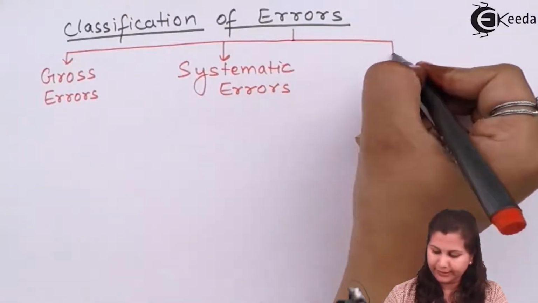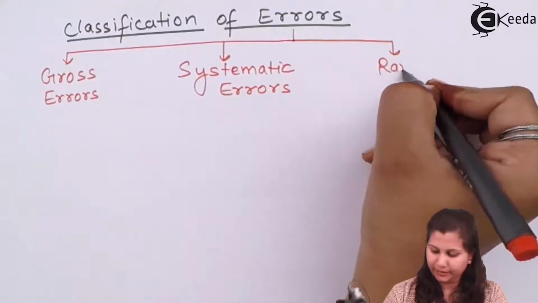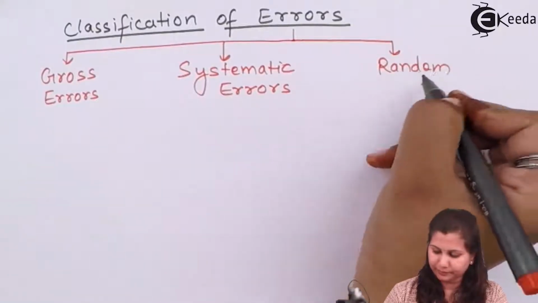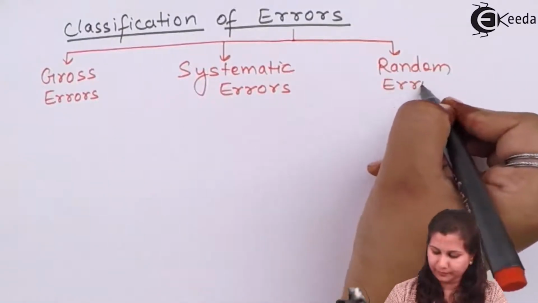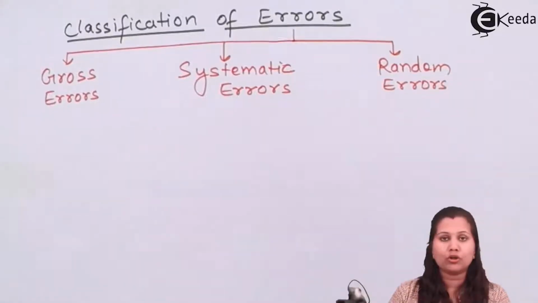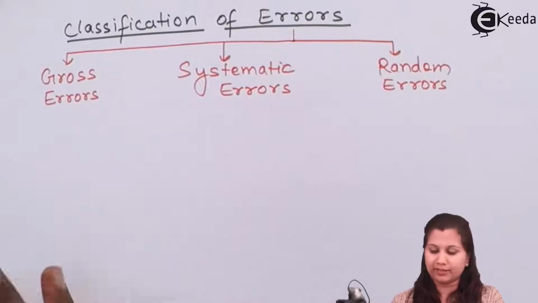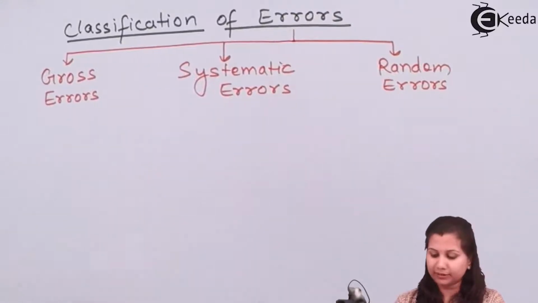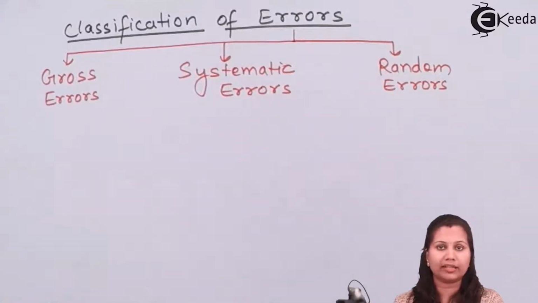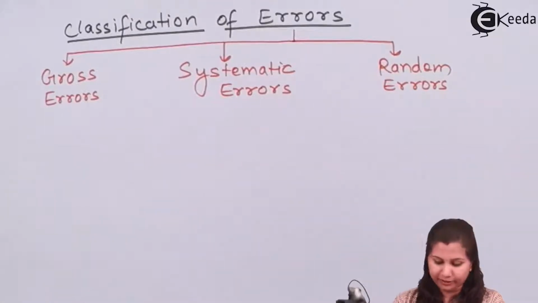And third is random errors. So these are the three categories in which the errors can be classified.